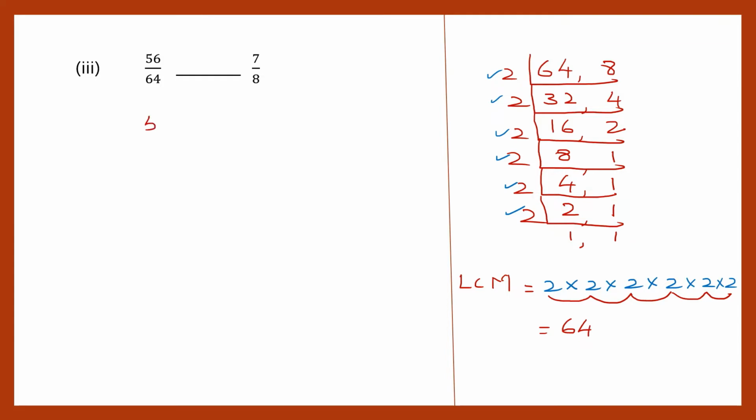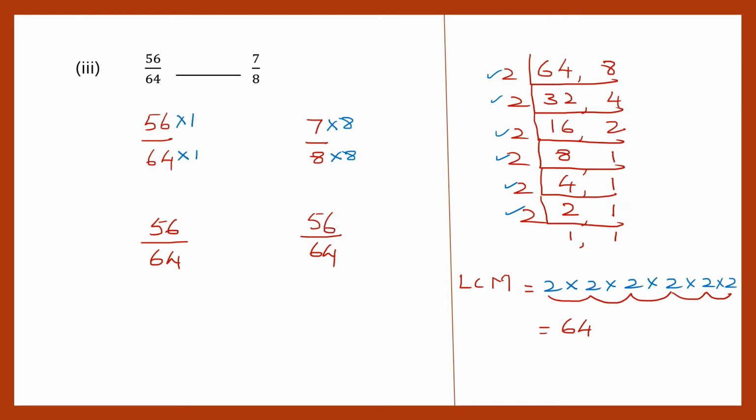We're going to use that here. Let me write down the fractions, 56 by 64 and 7 by 8. My denominators have now become 64. 64 into 1, so 56 into 1. 56 ones are 56. 8 eights are 64, so 7 eights are 56.